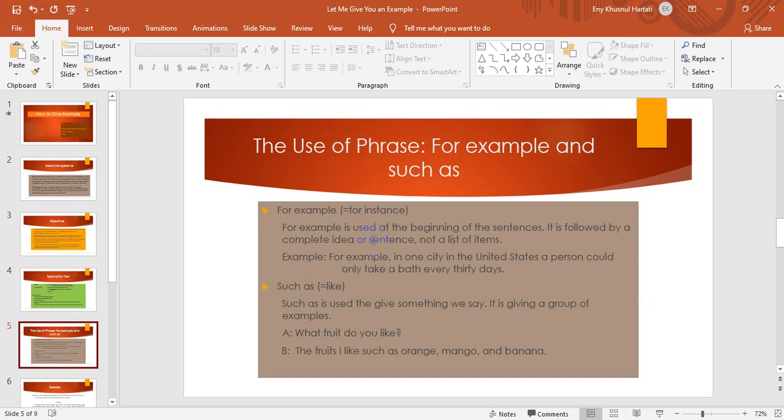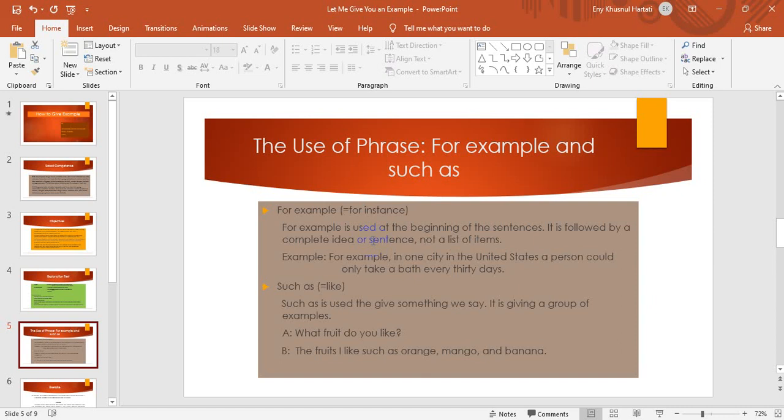For example, in one city in the United States, a person could only take a bath every 30 days. This is the example. For example, itu berada di awal kalimat dan diikuti oleh suatu gagasan yang lengkap atau oleh sebuah kalimat, bukan daftar suatu item.